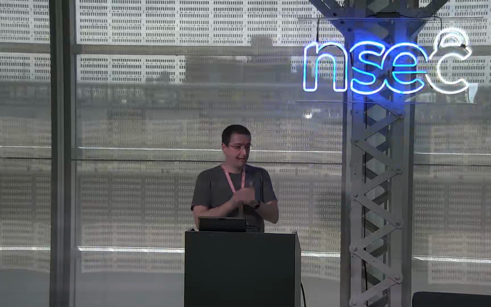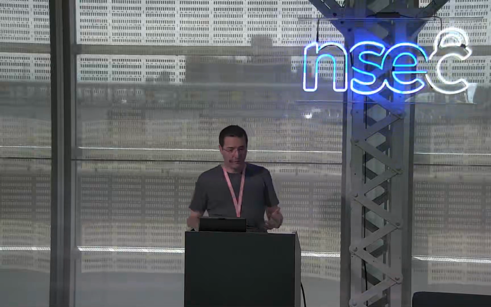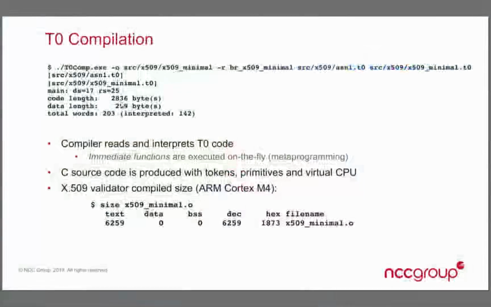It can extract names which are in UTF-16 or UTF-8 or Latin 1 and so on, and it transcodes everything to UTF-8 and verifies that it's really valid. And it explores the subject alt name extension. It explores the basic constraints. It does a lot of stuff, and it does all that in 2,836 bytes. There's a bit of extra C code, but the complete compiled one fits in about 6 kilobytes.